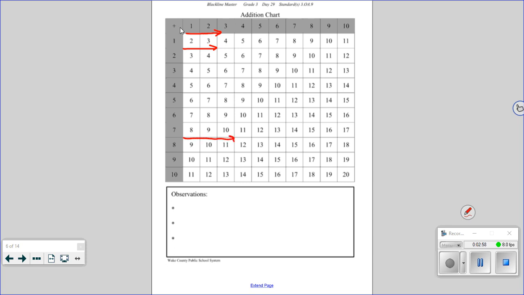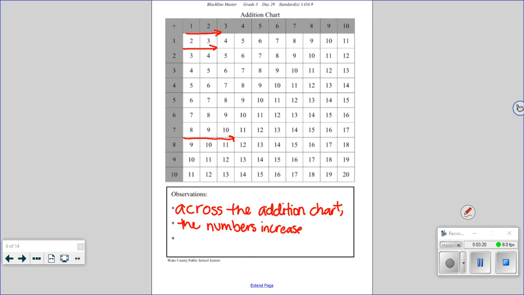So in your notebook, you're going to write: across the addition chart, the numbers increase by 1. As I'm going across my addition chart, my numbers are increasing by 1.